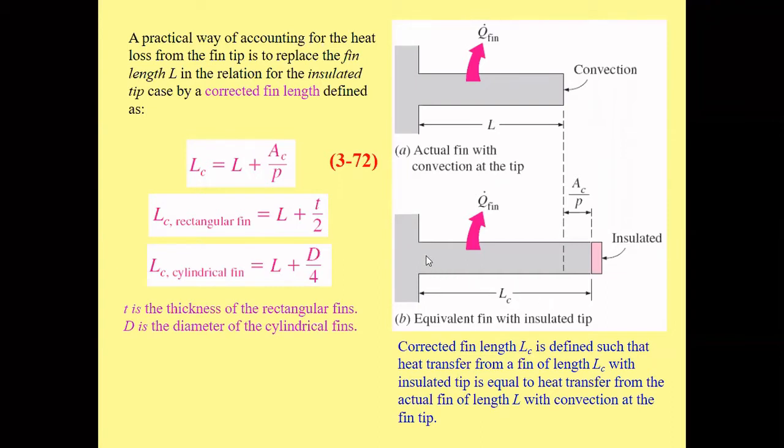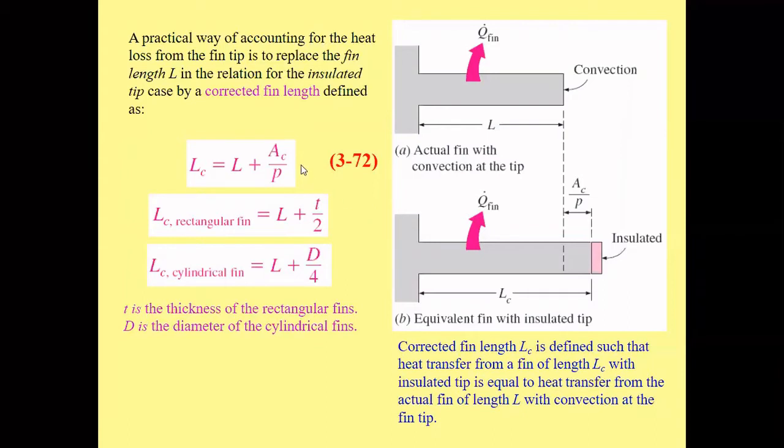So in another case, you will also need to express the length required for you to be able to achieve the convection at the tip by using an equivalent length.